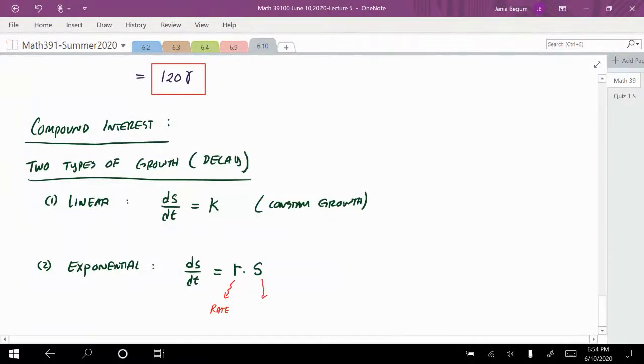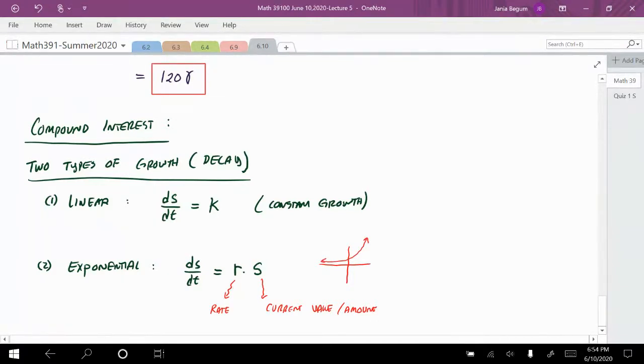And s is the amount, so you can say current value, or some kind of amount. If it's an exponential growth, then the graph of this would look something like this.